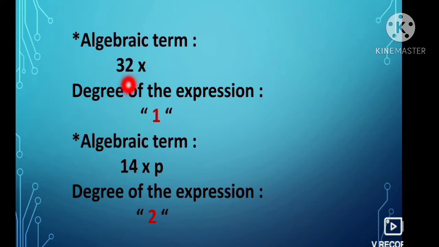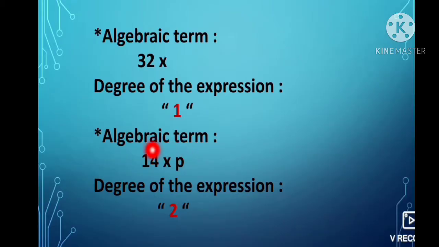Here, the algebraic term 32x is given. What is the degree of the expression? Yes, it is 1. Now, let us take the algebraic term 14xp. Here, what is the degree of the expression? That is 2. We know that to find the degree of this term 14xp, we have to take the sum of powers of these variables x and p. Now, what is the power of x?